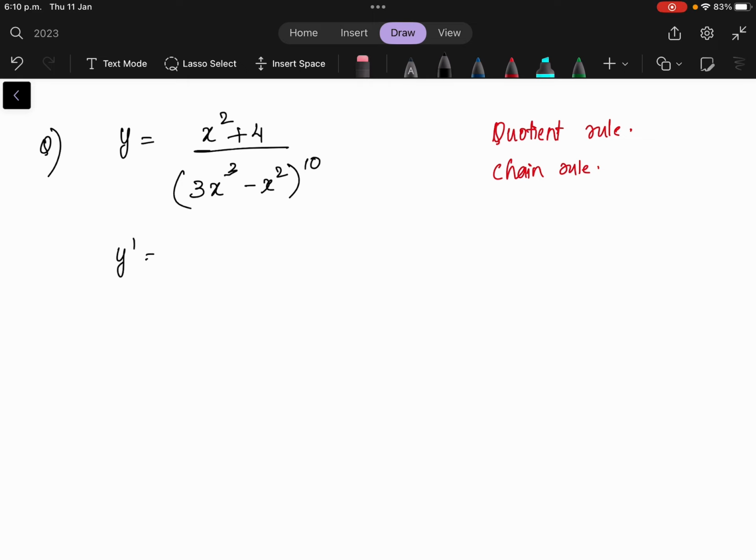That is v times, which is (3x cube minus x square) to the power of 10, times du by dx.